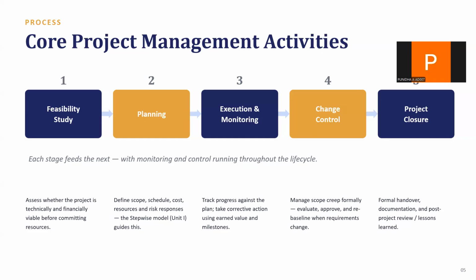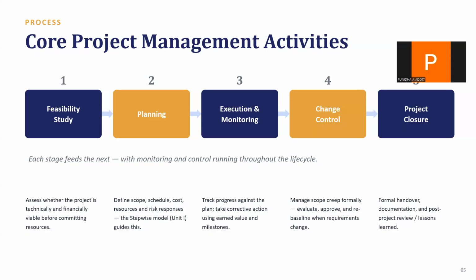Core project management activities. So now the life cycle: core activities every project goes through are 5 stages with monitoring running throughout. Feasibility study: assess whether the project is technically and financially viable before committing resources. Next, planning: define scope, schedule, cost, resources, and risk responses. That is exactly where the stepwise model, covered later, comes in.